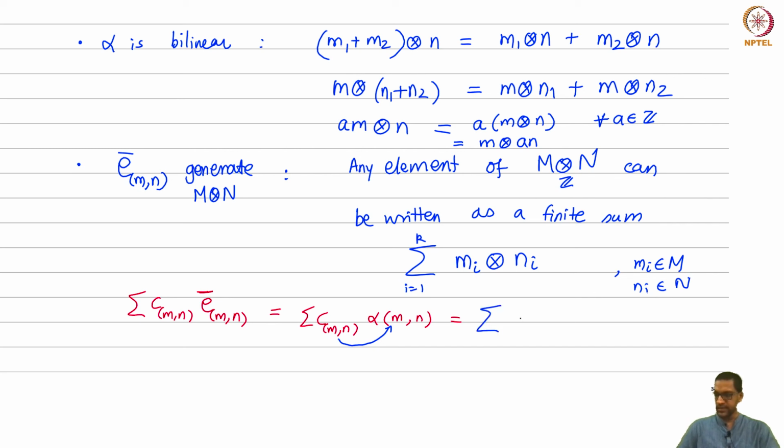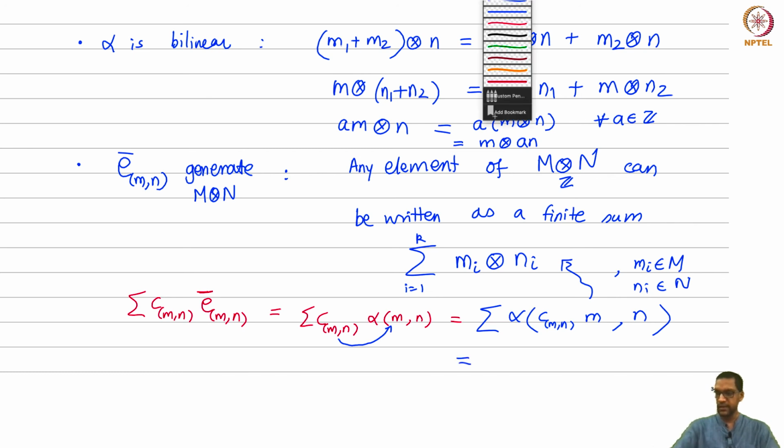Okay, so I can push this c_mn, this number, into the alpha because of bilinearity, and now this final expression is what I have written in this way. So this is my m_i and this is my n_i.